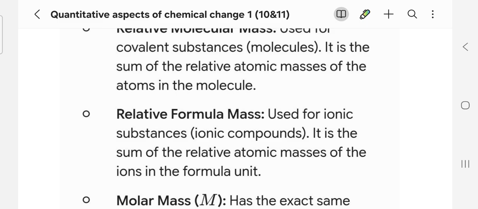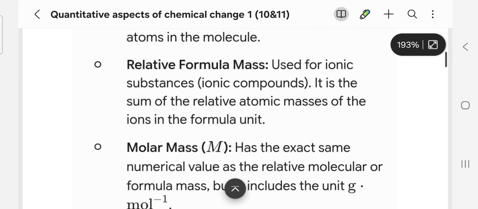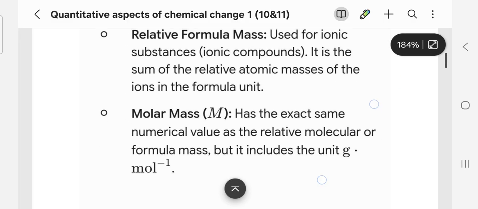First of all, relative molecular mass is when you are looking for masses of substances which happen to be covalent, whereas relative formula mass is when you're looking for masses of substances which happen to be ionic. All right, I hope you understand those differences, and I hope you are also writing these definitions down, guys. In case one of them comes up, you do also need to memorize them, so I hope you are writing them somewhere as you are watching this video.